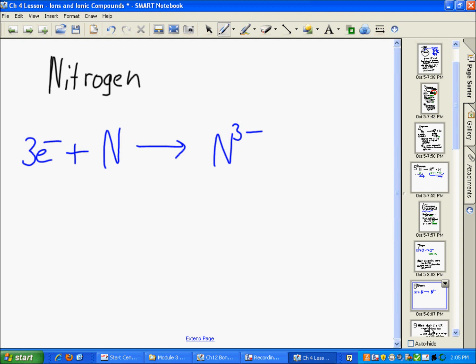Close, but not "nitroide". It's somewhere in between "nitide" and "nitroide". It's nitride. Nitride. So oxygen becomes oxide, nitrogen becomes nitride, fluorine becomes fluoride.